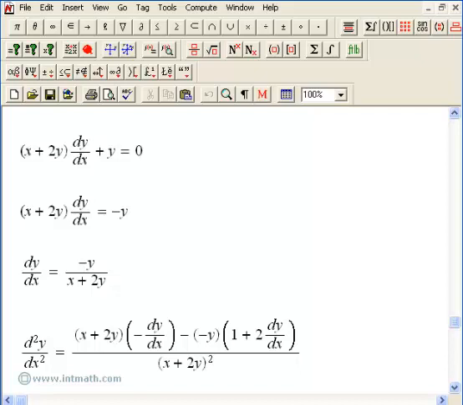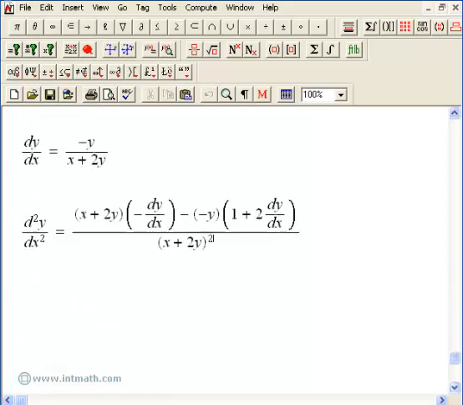Now, this thing can be tidied up somewhat. Let's set up our fraction, and we put this on the bottom.